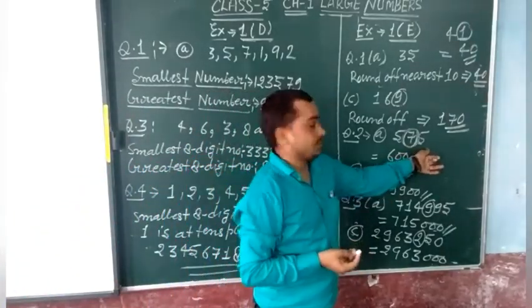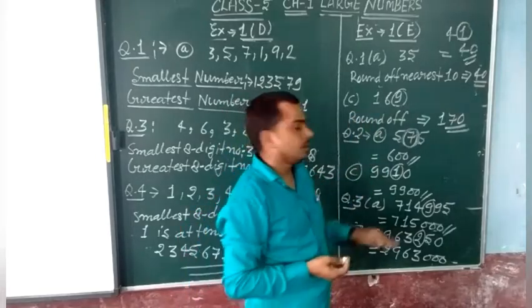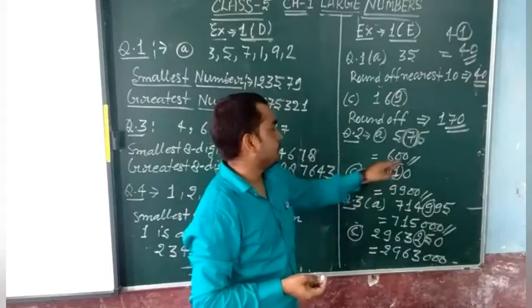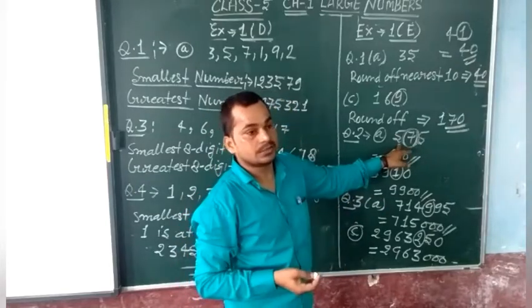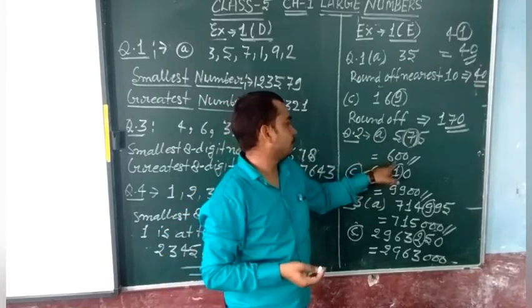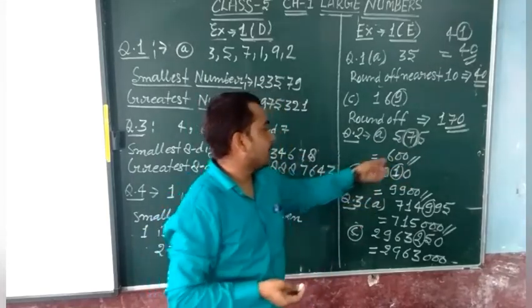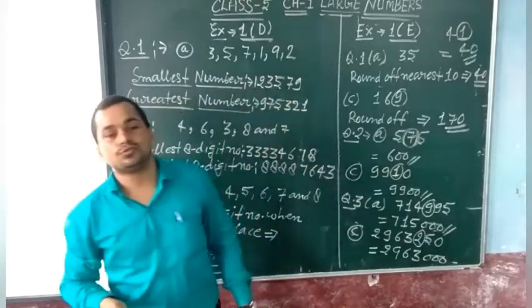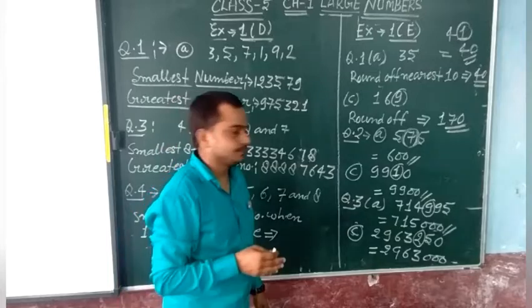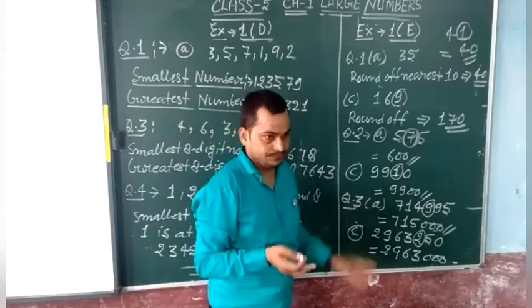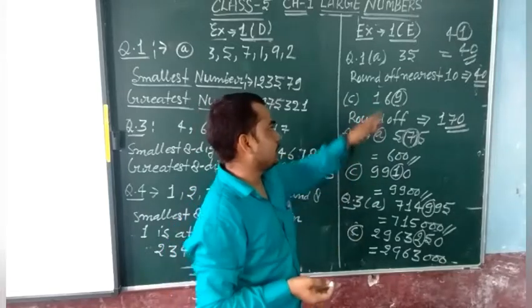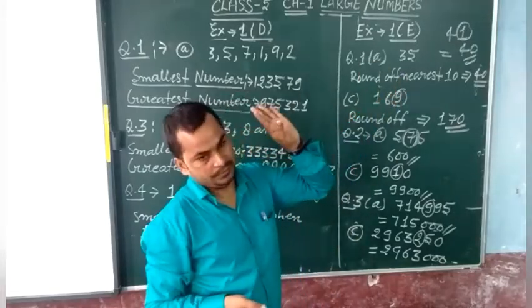So the ones place is replaced by 0 and the tens place is also replaced by 0, and the hundreds place is increased by 1. So 5 plus 1, 6. So that is 600. So 575 is very close to 600, not very close to 500. So we write the closer multiple of 100, and the tens is a multiple of 10.